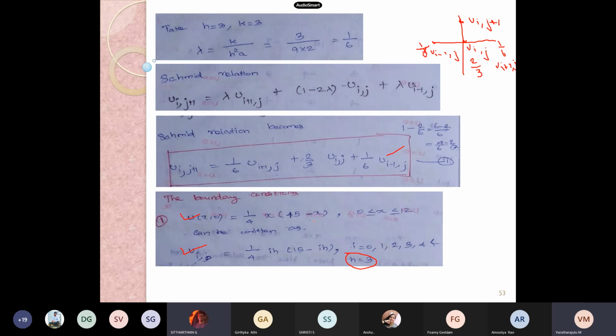Instead of x you need to take i into h. As per your wish you can also take 3i. Let it be 3i, right? That is what ih. Yes. Then there won't be any change.